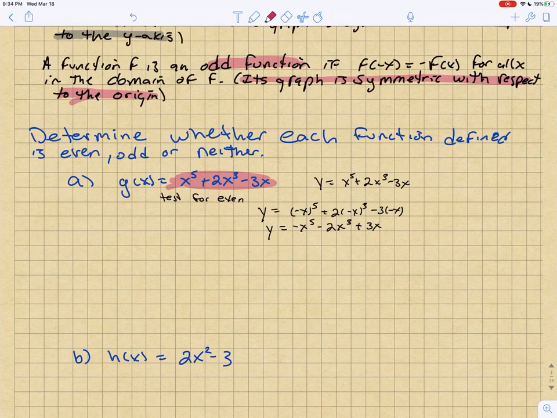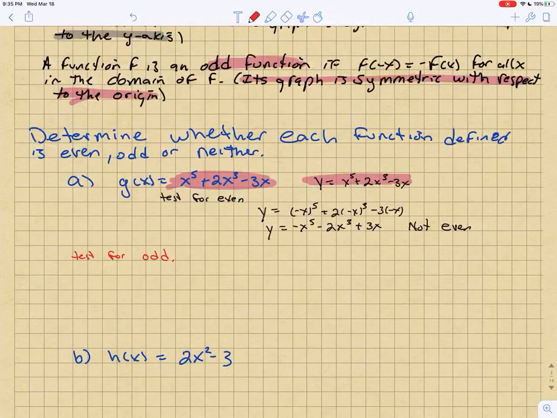And if I multiply everything through by -1, do I get it? Well, I already have y equals, so I would say it's not even. Let's try odd.